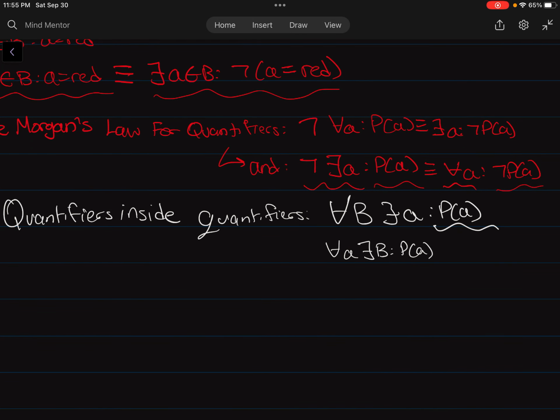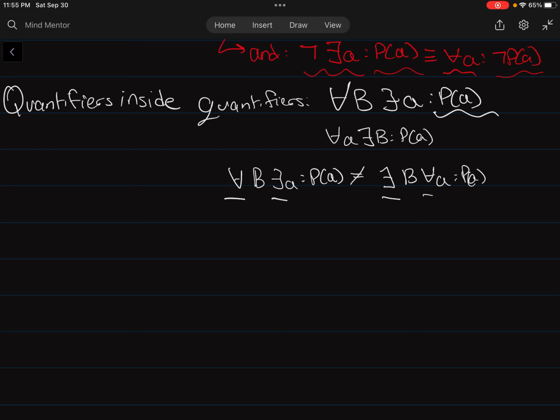So we have for all bags, there exists an apple, such that P of A is true. That's not the same as saying there exists a bag such that for all apples inside the bag, P of A is true, right? So we can't just switch these and assume it to be true. That's not the same thing, right?